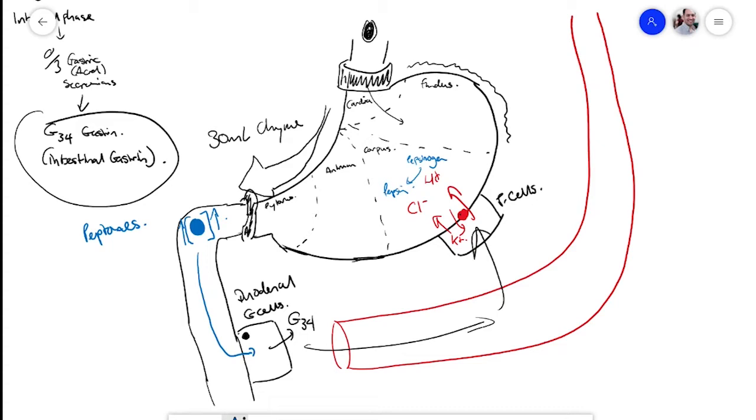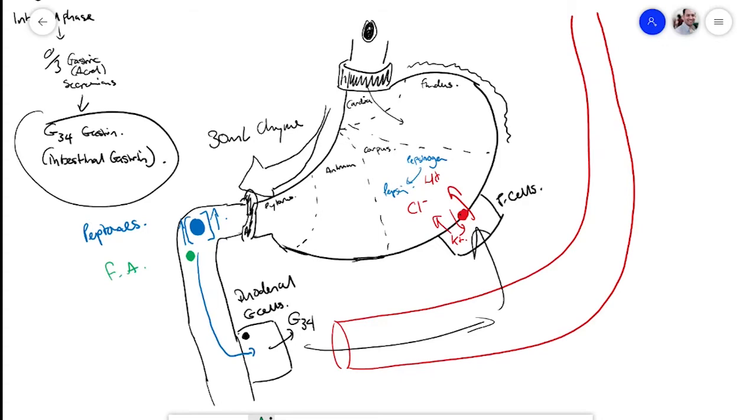The next thing we need to talk about, because don't forget, it's not only partially digested proteins that are coming into the duodenum. We'll do this in green. We also have things like fatty acids that are coming through. Okay, this is good.